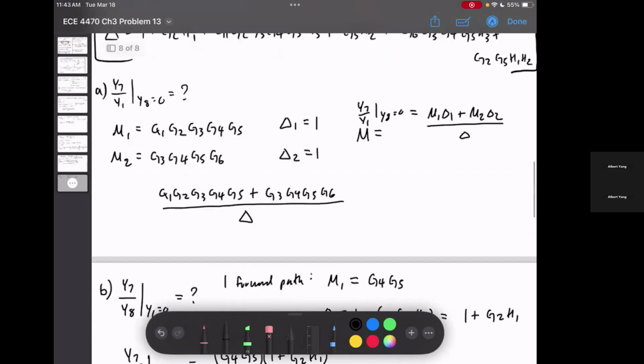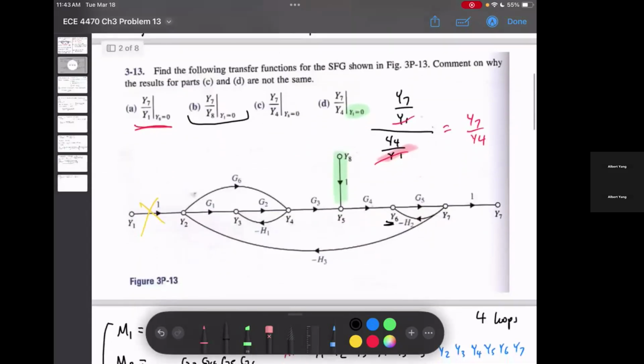Right, then let's go back to here. And then this one is a little trickier, where we have y8 and this is y4, but you don't want to go from here to here because the paths can only go in the direction of the arrows.